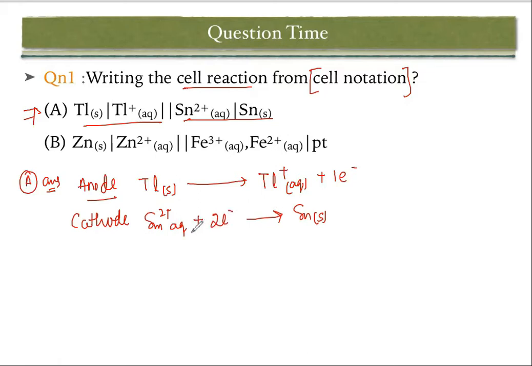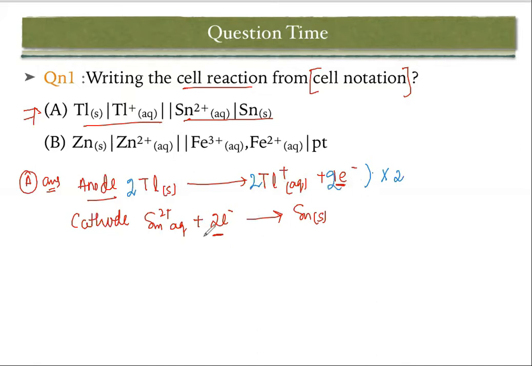To balance the electrons, now we have to write the complete reaction. To write the complete reaction, we need to balance the chemical reaction. As we already know, 1 electron is involved here and 2 electrons are involved here. So we just multiply this whole reaction by 2. In that case, we'll call it 2Tl. Here it is 2, here is also 2.